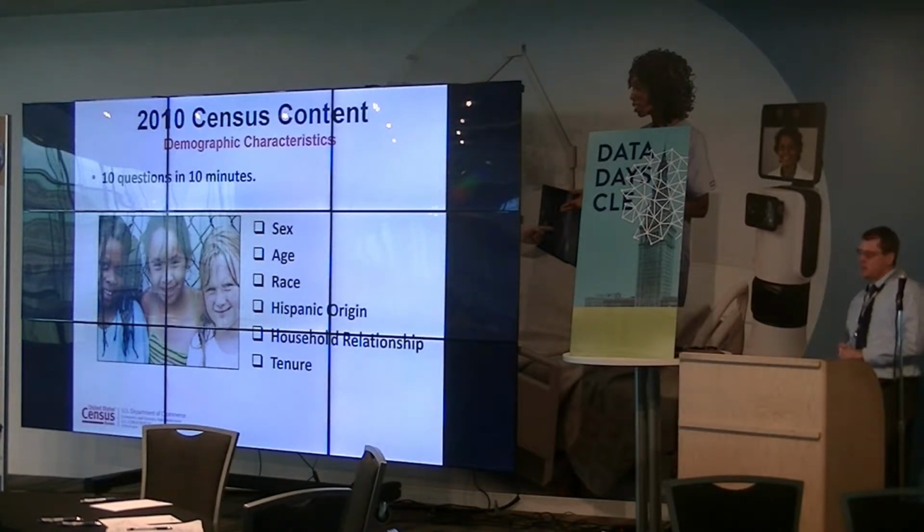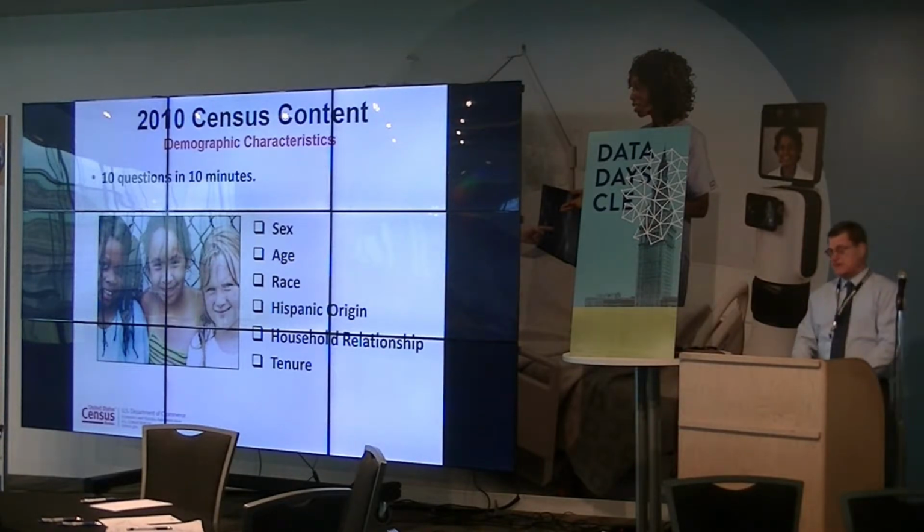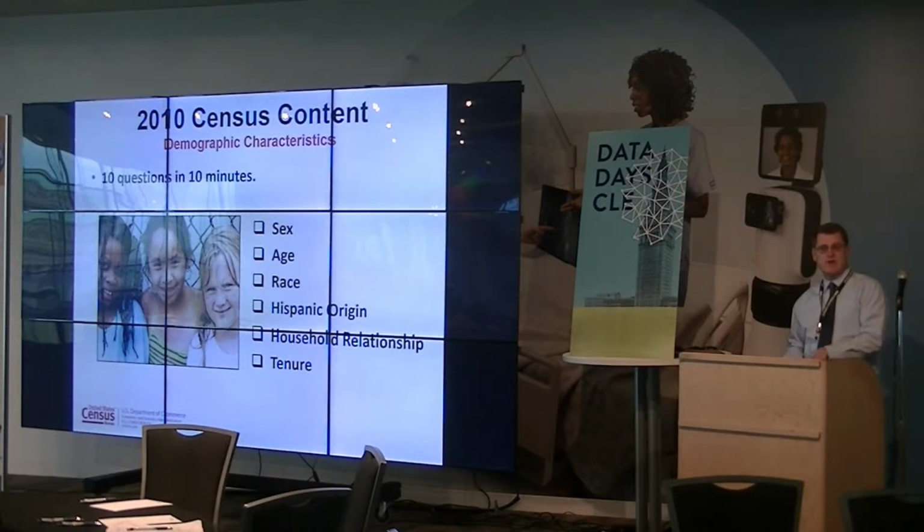But if you want data from the decennial census, you're just going to get population data. So if you go down to the census block, that's only going to be 2010 population data. American Community Survey data is from the block group up.